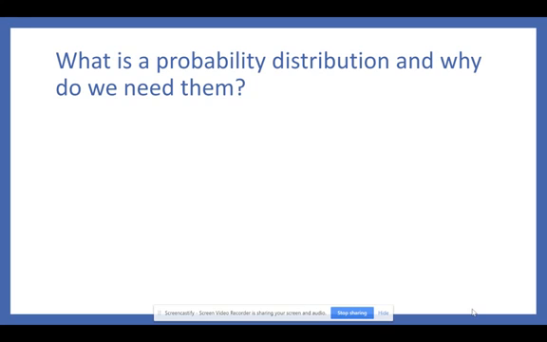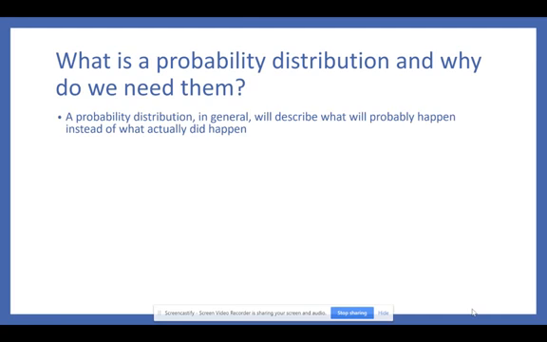Earlier in this module, we talked about a grouped frequency distribution as it related to quantitative data. A frequency distribution gives us an idea of what actually happened when we collected the data.